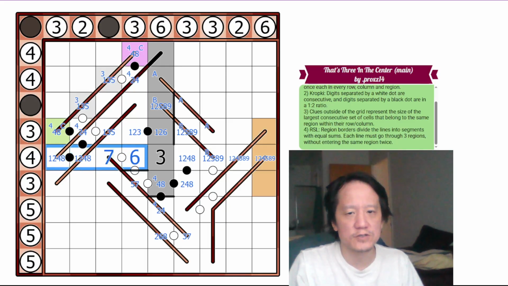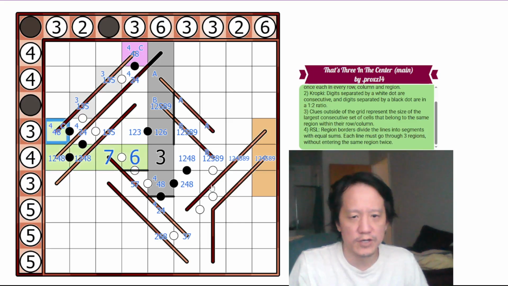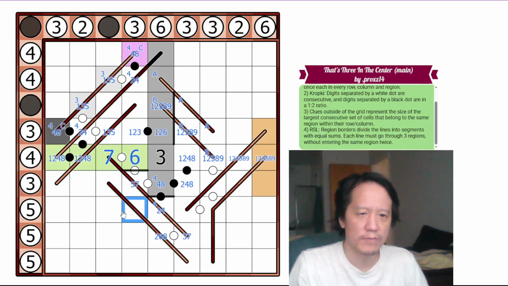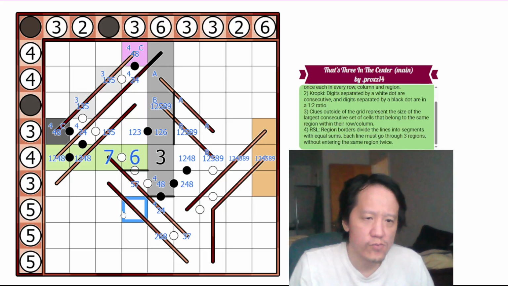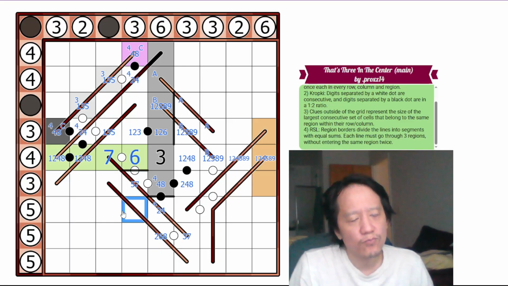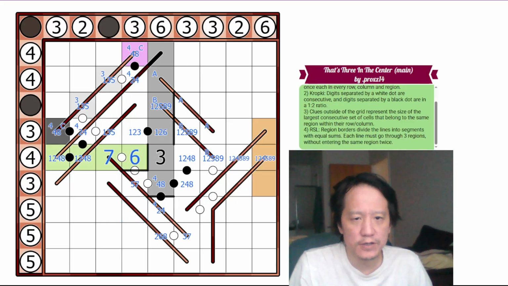I'm guessing we're going to mark this as green. Maybe we should change this to a different color. I don't know. Dark for now. We know these 4 are the same region. So this is a boundary here.